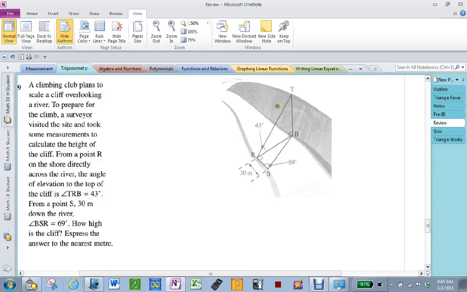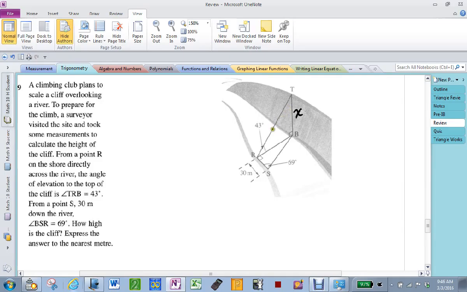So, blah, blah, blah. Everything is on here, yes? I want the height of the cliff. So when I do this, I go right to my drawing and I put the variable on what I need to find. Okay? I need x. Everybody cool with that? To find x, I need either two sides or a side and an angle, don't I?